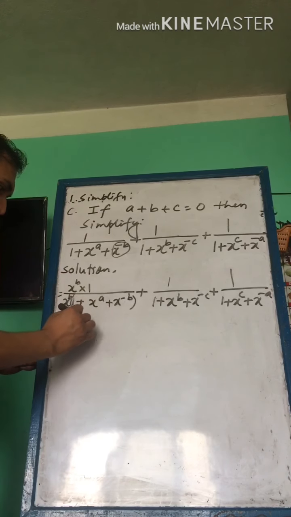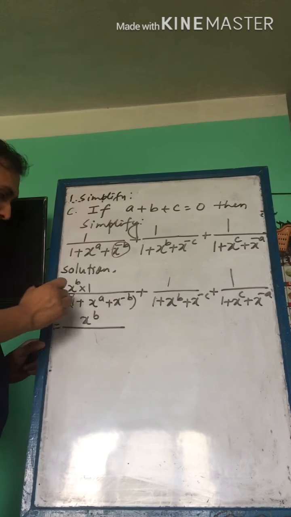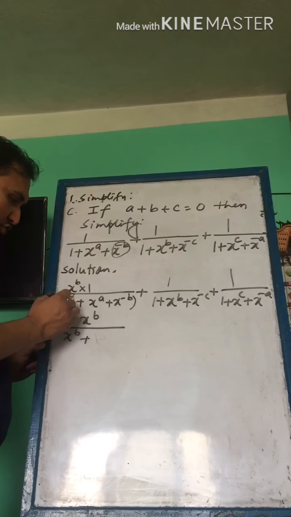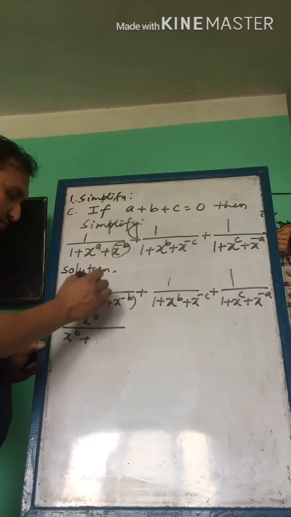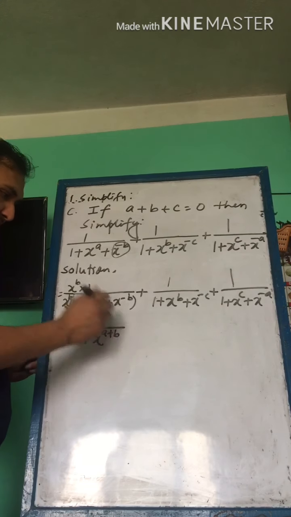Now what will this be? x to the power b, no doubt. Now x to the power b should multiply all the terms of the denominator. x to the power b into 1 is x to the power b, plus x to the power b into x to the power a. When they are multiplied they have the same base, so keep the base the same and add the powers. a plus b or b plus a, it is the same thing.